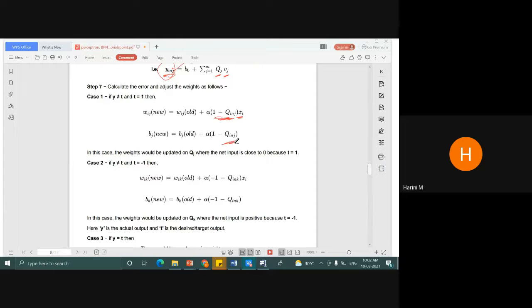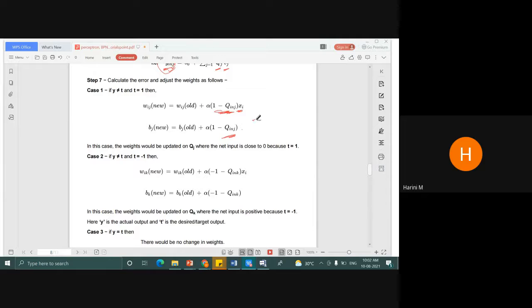The same with bias. I don't have the input here. You update it. And again, this is in case the target value is equal to 1. We saw it is a bipolar function, right? It uses bipolar values, which means it's either going to be 1 or minus 1. So if your target value is 1, then it's t minus the actual value, right? So substitute t as 1 here, minus the previous layer, which is Q. So I have 1 minus Q. In the next case, if your target is minus 1, then substitute it in the formula.